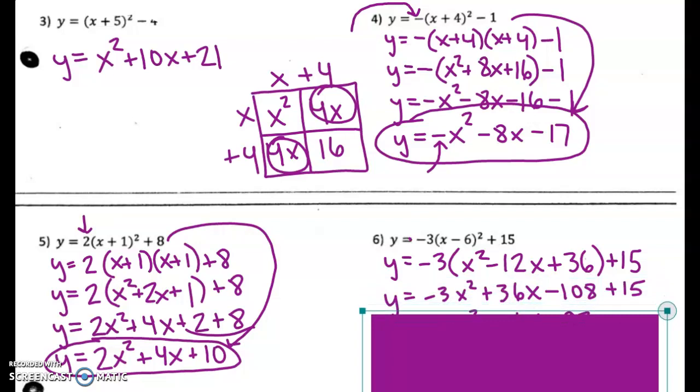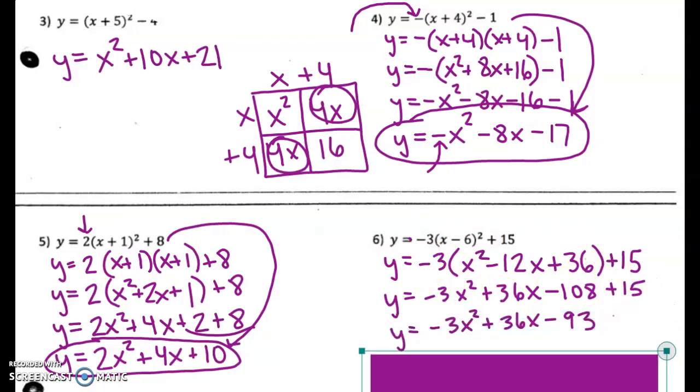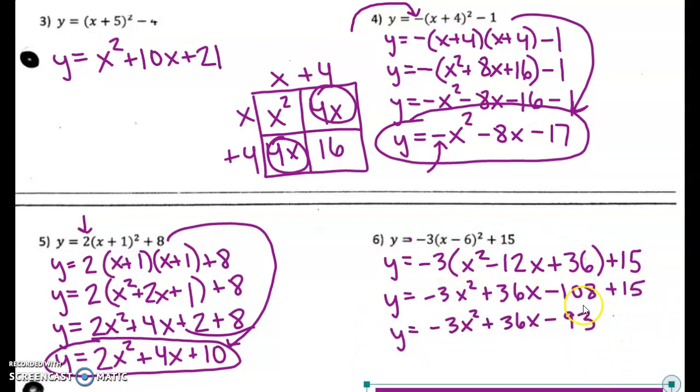Next, I got y equals negative 3x squared plus 36x minus 108 plus 15. I distributed the negative 3 all the way down. And then last but not least, I combined my 2 constants at the end and got y equals negative 3x squared plus 36x minus 93. And that, guys, is the final answer.